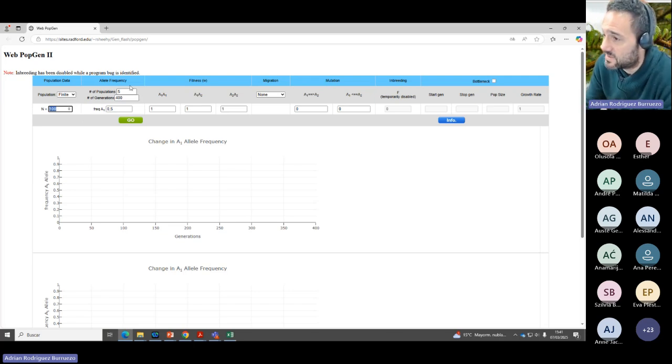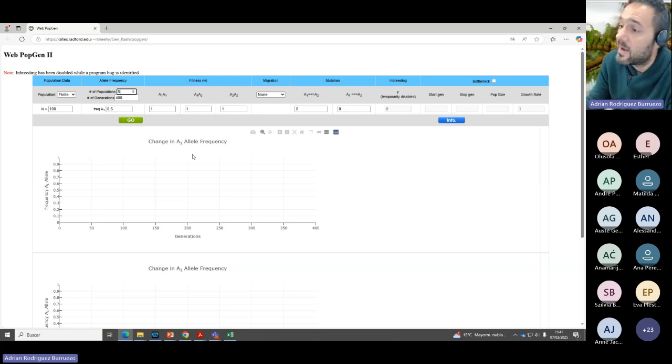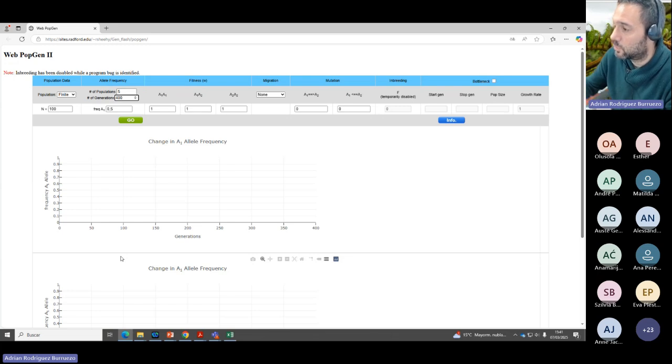In the allele frequency, I prefer to leave the number of populations at 5, because in the simulation the server will offer me 5 simulated populations. For the number of generations, I will let the server extend the simulation to 500 generations, according to the evolutionary forces and the frequency of the alleles.